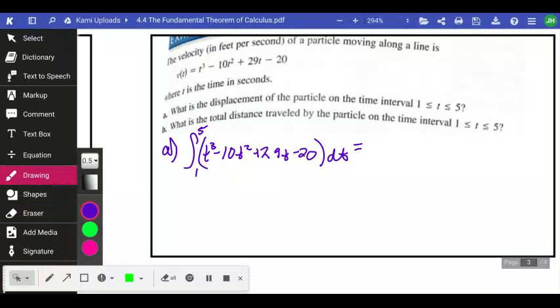Increase the power by 1. Very good. 1/4 t to the 4th, good. And then antiderive 10t squared. Very good. 10/3 t cubed plus antiderivative 29t.